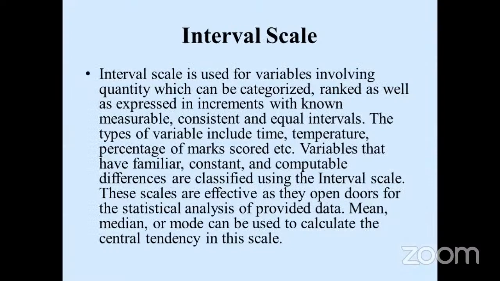Now we come to our third scale, which is the interval scale. An interval scale is also called a cardinal scale, which is a numerical labeling with the same difference among the consecutive measurement units. With the help of this scaling technique, the researcher can obtain a better comparison between the objects.